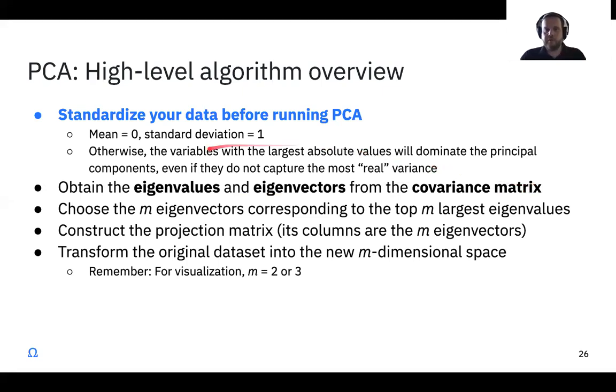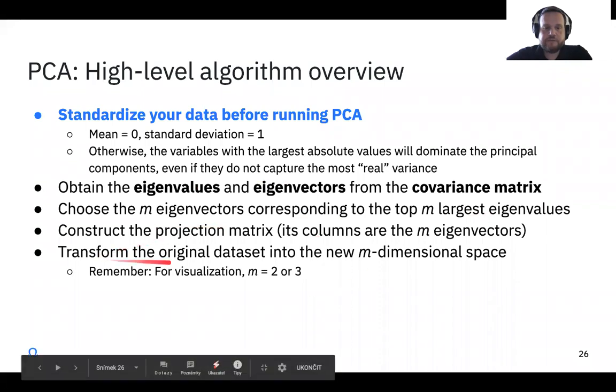But if you know what these are, then this is what you're doing. Then you're choosing the m eigenvectors that correspond to the top m largest eigenvalues. Those are the native, inherent vectors of your data, maybe that's the way I can put it intuitively. Then you construct the projection matrix where its columns are the m eigenvectors, and you transform the original data set into the m-dimensional space.